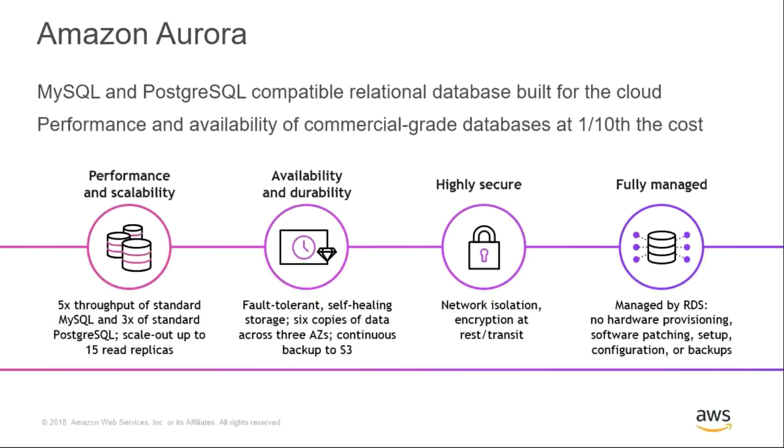So they give you basically all the performance and scalability benefits of commercial grade databases, but at a much lower price and with full compatibility with familiar open source databases. It also provides high security, so all of the security capabilities that you might be familiar with from AWS around encryption, around network isolation, around access control, all of that works with Aurora, and it's fully managed.